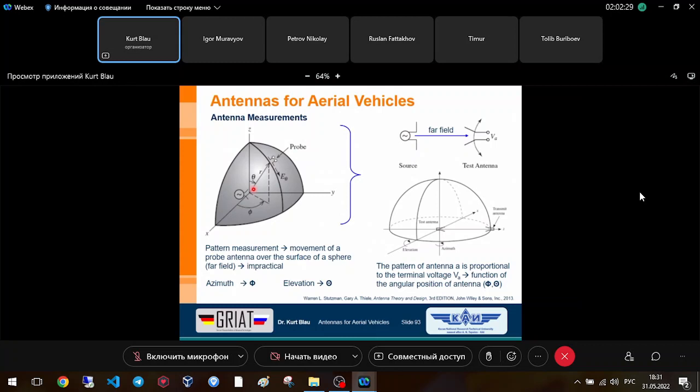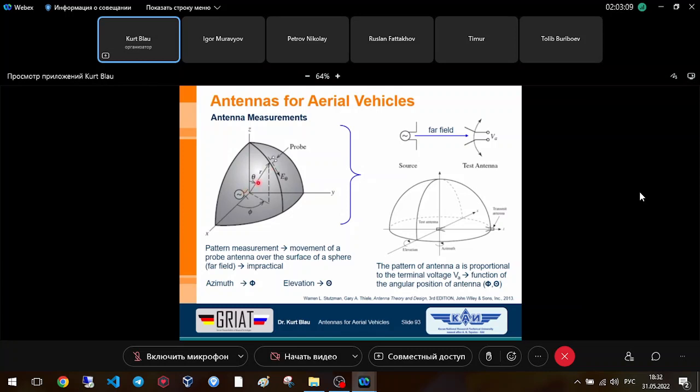And if you go back to our far field condition, we have 2 times the largest dimension of the metallic parts, squared, divided by lambda. This is the base, and the distance R must be much larger than this given formula. Then we have the far field condition or the Fraunhofer region.